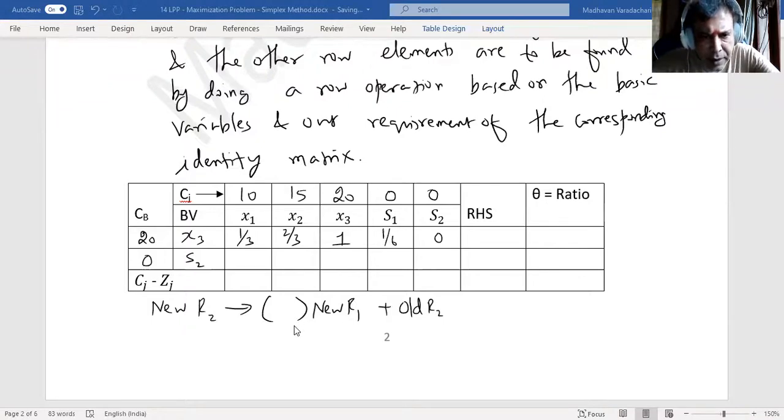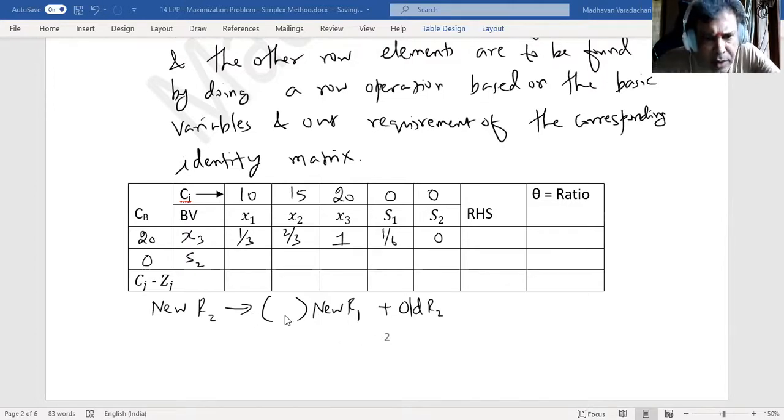So basically this formula we wrote mainly to make this element 0, because the basic variables should form an identity matrix. We need 1, 0, 0, 1. If we make this 0, this will automatically become 1, which we can see now.